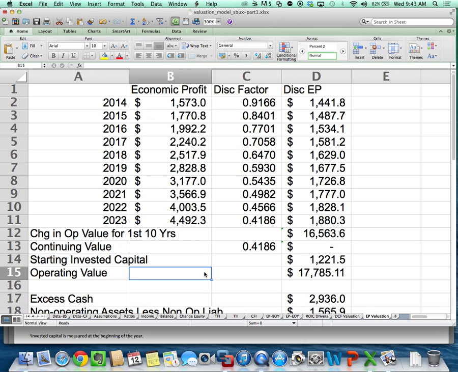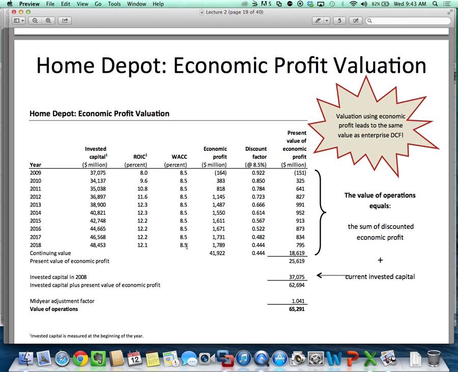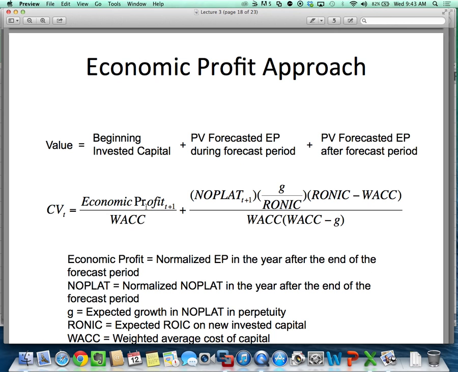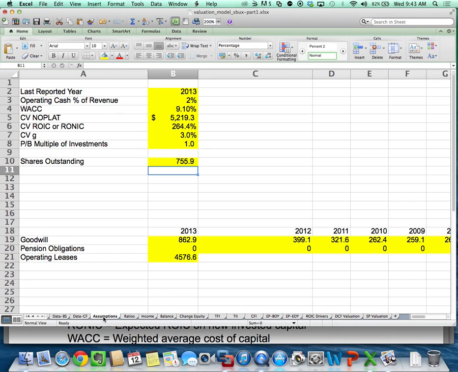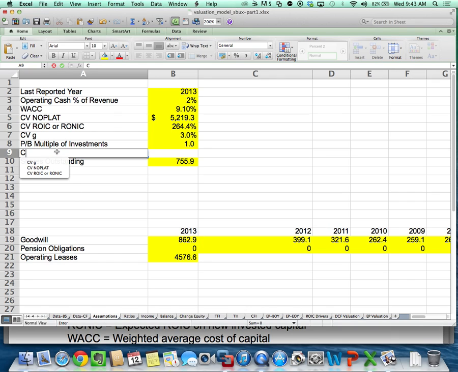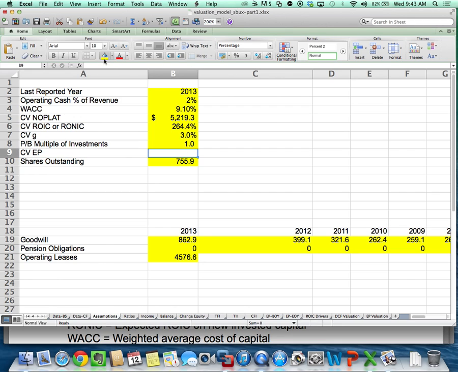So here's what we're going to do. We're going to solve for the continuing value. So put this formula in. First part's easy. Economic profit divided by WACC. So I'm going to need in my assumptions continuing value economic profit. So I'm going to do it all off that one page.